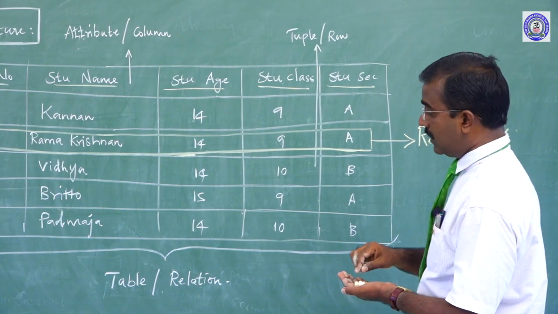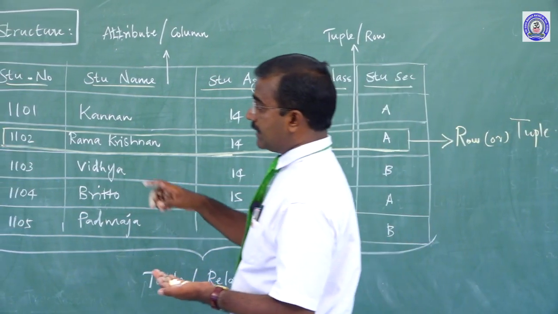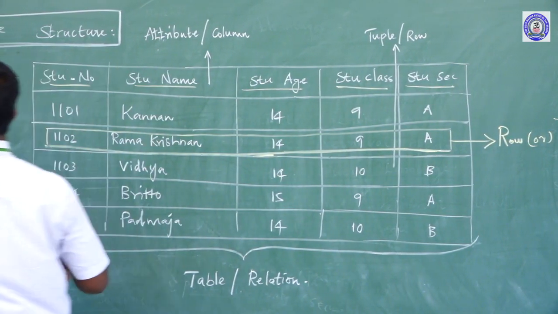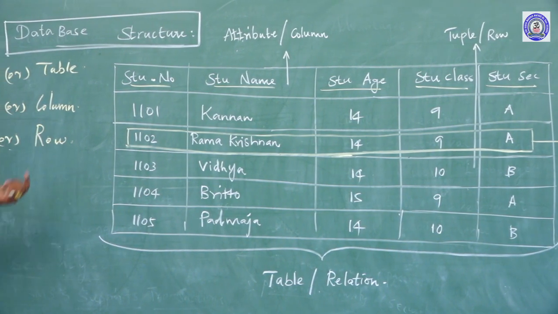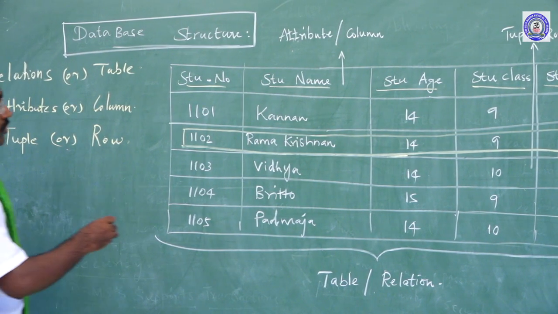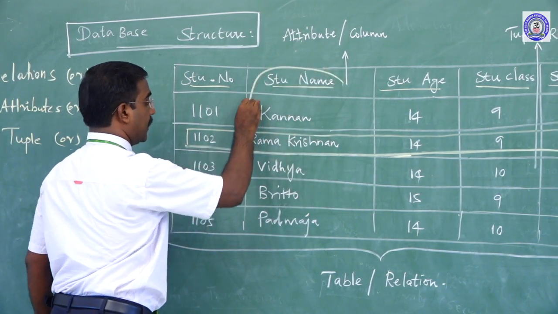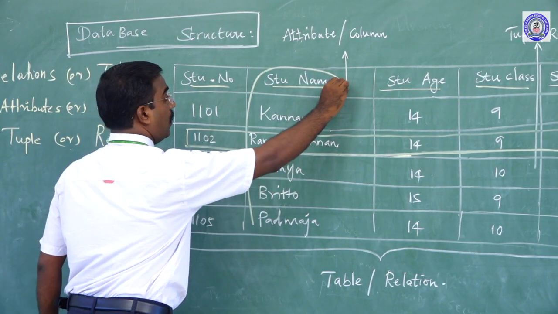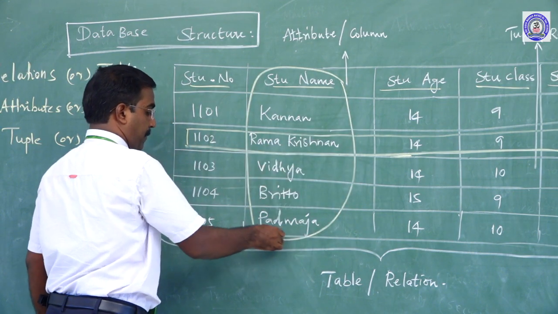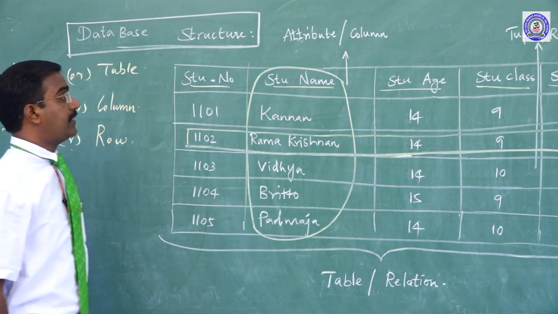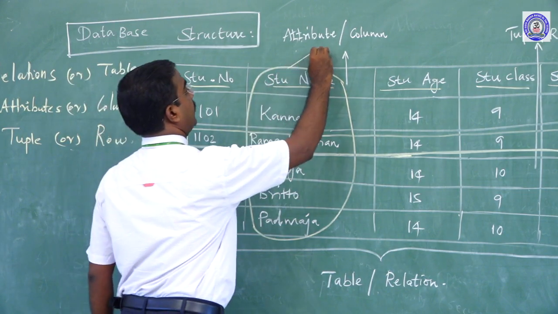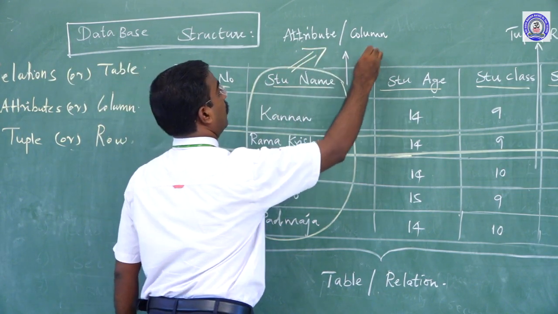Okay, yes. Now can I say about attributes and columns? You see here, student's name completely in a table, in a column-wise manner. This column-wise manner we call attributes or columns.